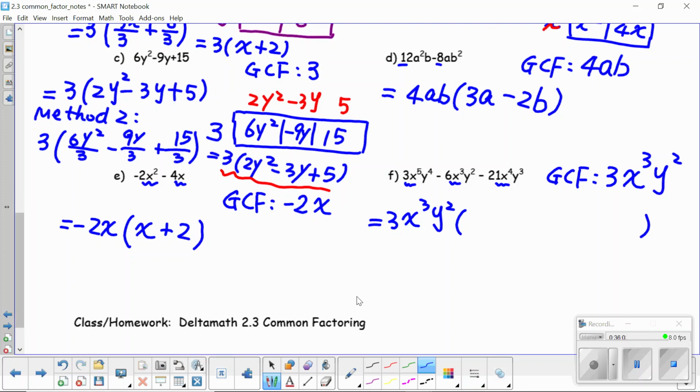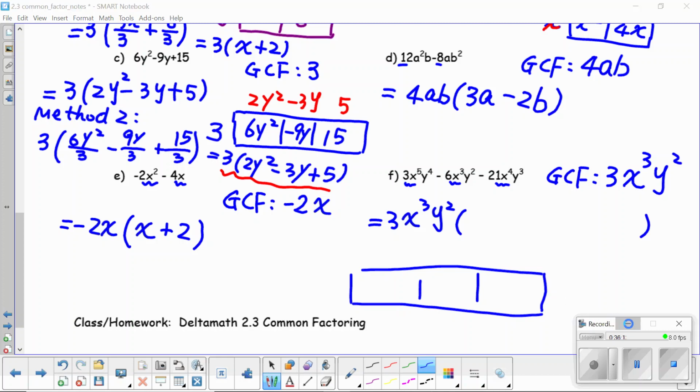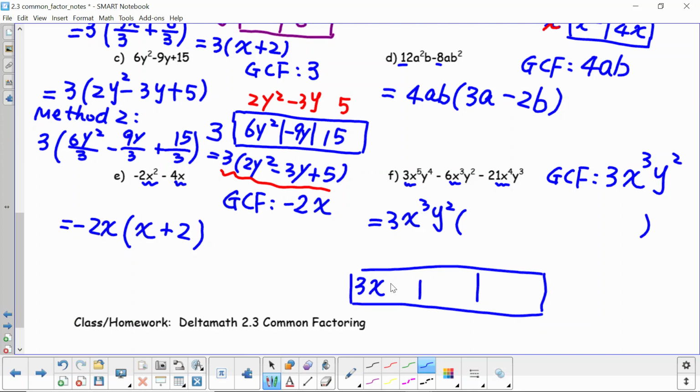This time I may draw the box again to help you understand what we are doing here. So this one, we copy the original expression here. So this is just separating each term.